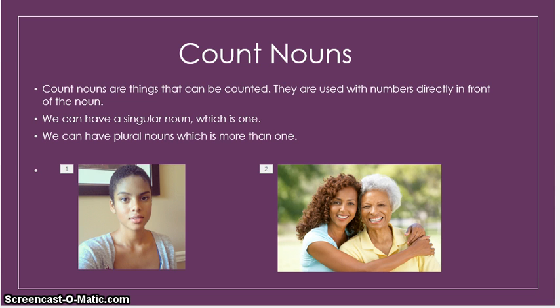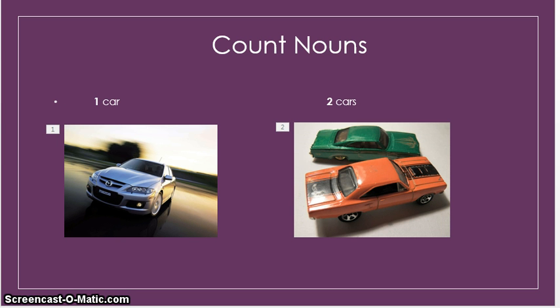In the second picture, you see 2 women. When we speak and when we write in English using count nouns, we put the number directly in front of the noun word. Here we have 1 car, and in the second picture we have 2 cars.